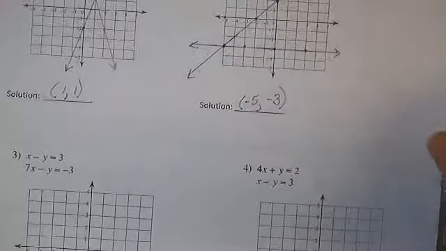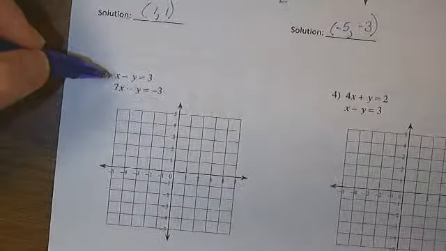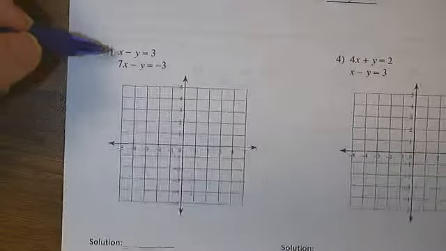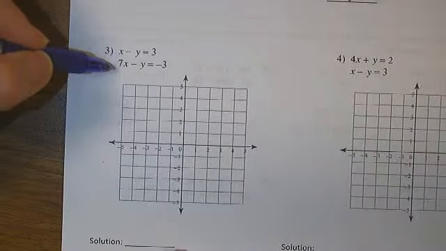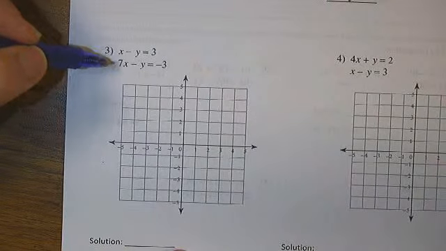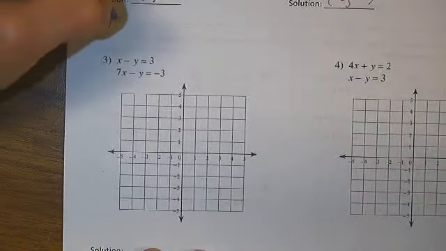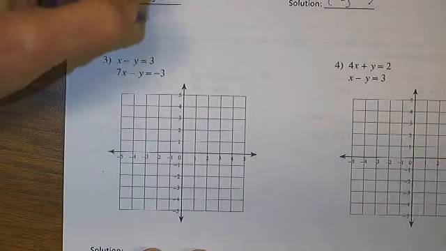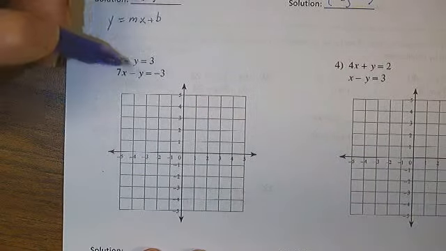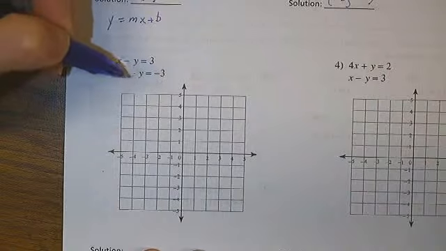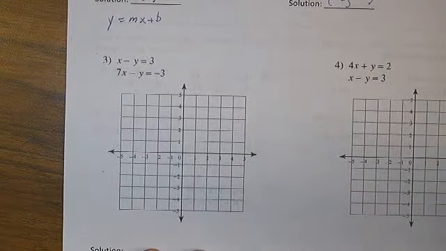Okay, these problems are a little more interesting because they are not in slope-intercept form. So first I need to get them into slope-intercept form. What is slope-intercept? It is positive y equals mx plus b. Here I have negative y. Here again I have negative y. So what am I going to do with this?